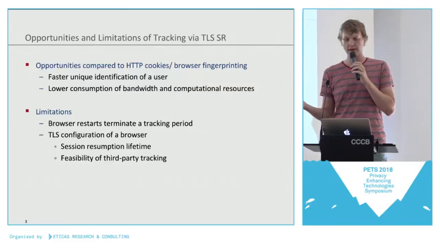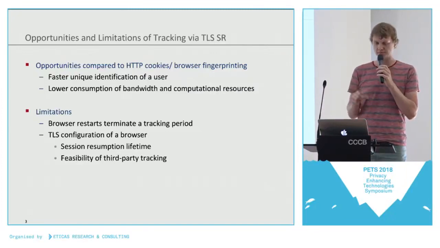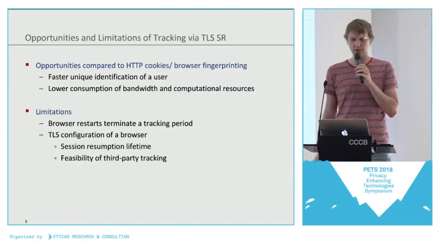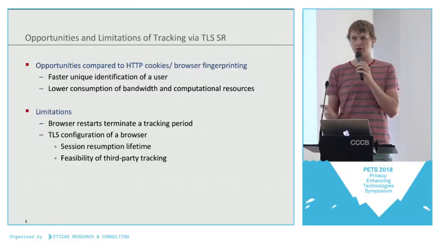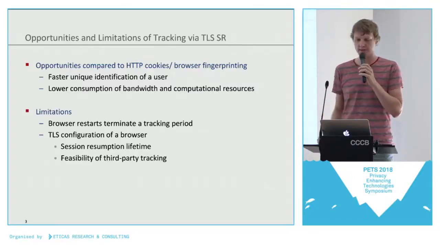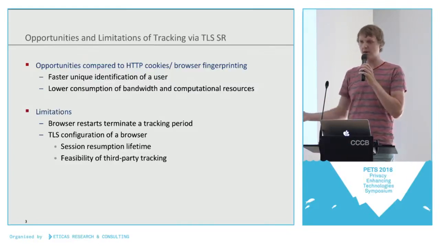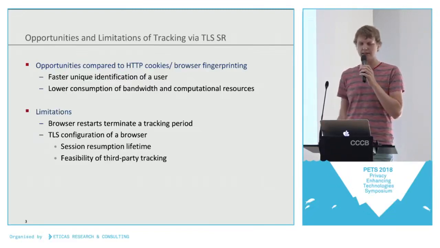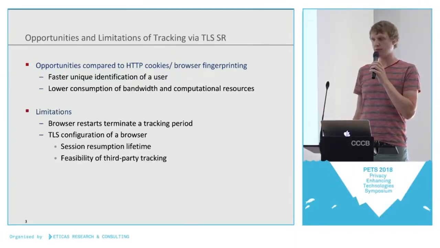Furthermore, from an economic perspective, you have a lower consumption of bandwidth and computational resources on both sides, which is also attractive to the tracker, because you don't have to issue an additional request for the HTTP cookie or send the browser fingerprinting script to the client. Limitations are, beside the obvious limitation that this tracking mechanism applies only to TLS connections, that a browser restart terminates a tracking period.